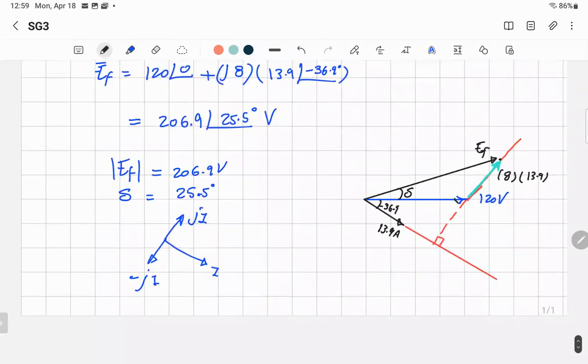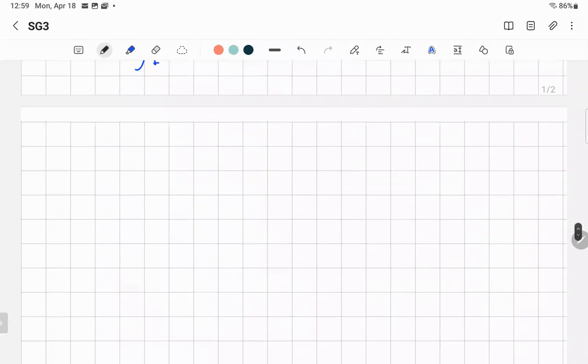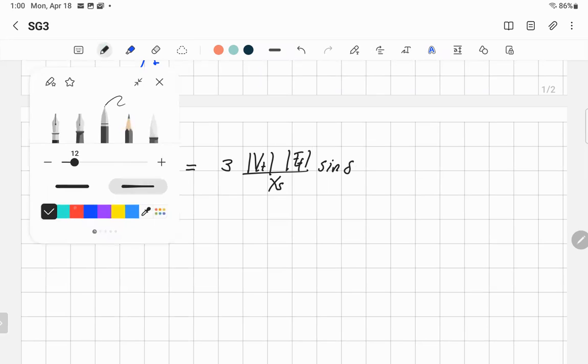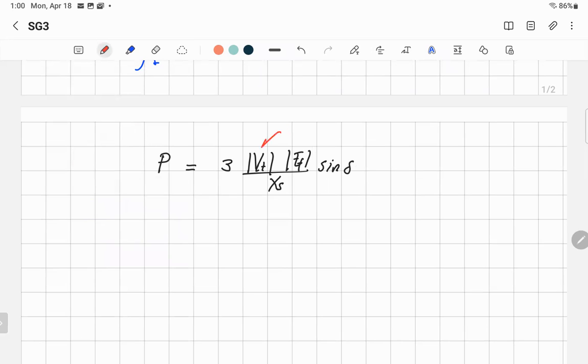Let me remind you by the equation I told you about the power. Power is EF times VT over XS times sine delta. You're still taking the same power. If you take the same power, did your terminal voltage change?